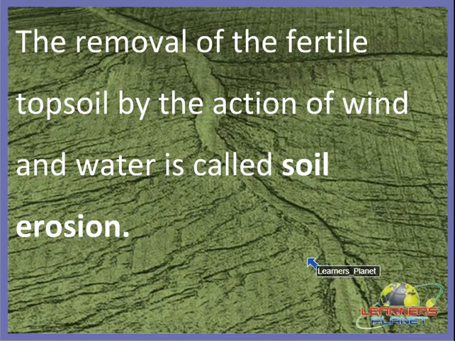This is the green color picture you can see, right? This is land which has now become infertile, right? So this infertile topsoil cannot grow plants, right? Because now the fertile topsoil has been removed by wind and water. So this is infertile land.